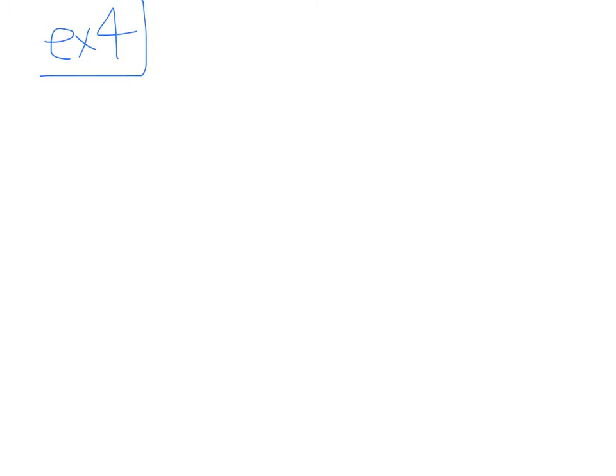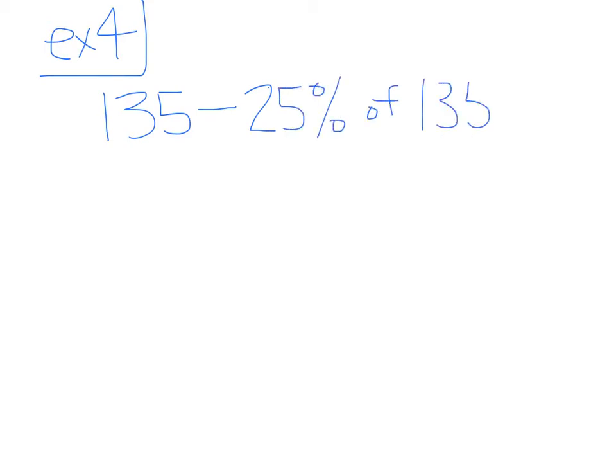it up that way. So the book might show it slightly different, but your original price, you have $135 as your original price, and we're subtracting 25% of 135, right? Because you're getting a discount. So we're subtracting 25% of that original number.